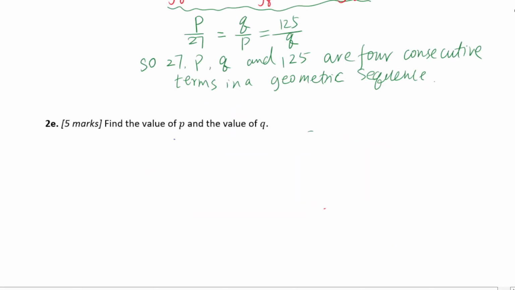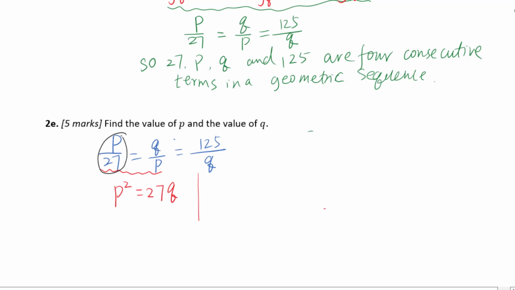Let's go to 2e. Find the value of p and the value of q. We already know p over 27 equals q over p equals 125 over q. From the first two, cross multiply, we know p squared equals 27q.